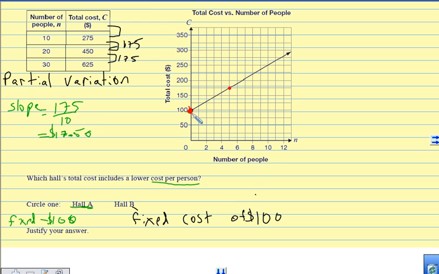Well, the run here is 2, 4, 5, and the rise is, counting it up, 150, 175, so what is that, 75?